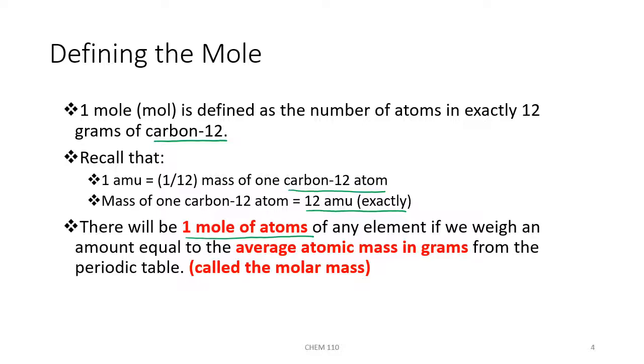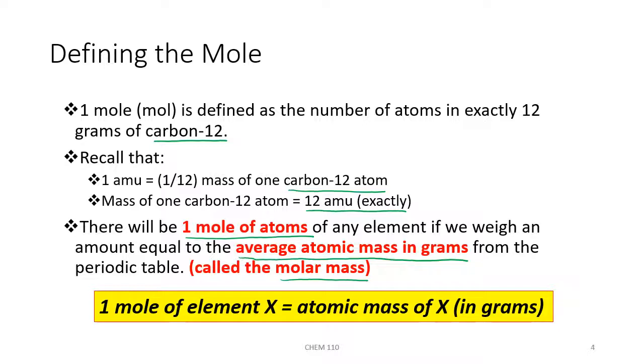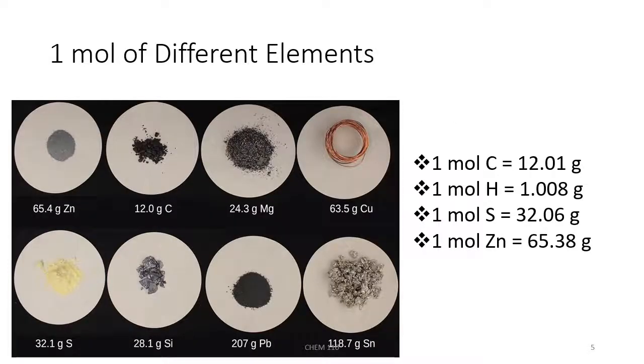So that decimal number at the bottom of the tile, or the average atomic mass, will be called our molar mass, and it will be equal to the mass in grams of 1 mole of a given element. So 1 mole of any element that we look at on the periodic table is equal to the atomic mass of it in grams. So if we were to examine 1 mole of various elements, we could see that they don't all look like the exact same amount, but they are all 1 mole.